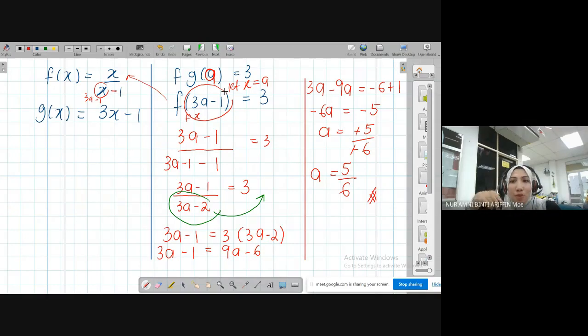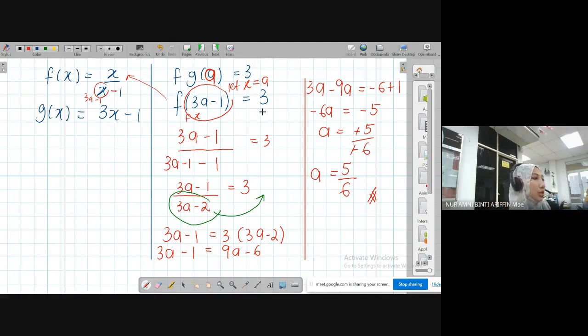Tapi kalau you lupa pun, in the end you bagi tahu X equal to 5 over 6 or A equal to 5 over 6 pun dah betul. Yang penting macam I bagi tahu, you tahu. Sebab dia punya marking step, dia punya markah tu depend on your punya working step.